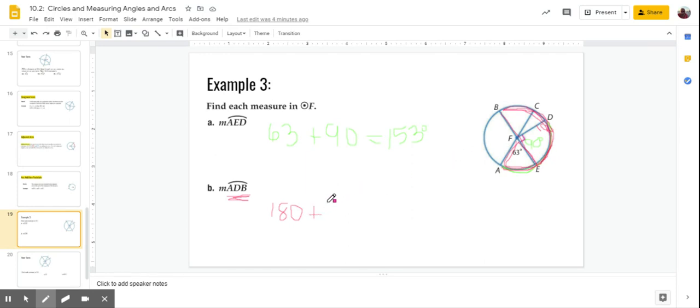So 180 plus 63, let's check, use my calculator, equals 243. So the measure of ADB, the whole part I highlighted in pink, is 243, which is a major arc.